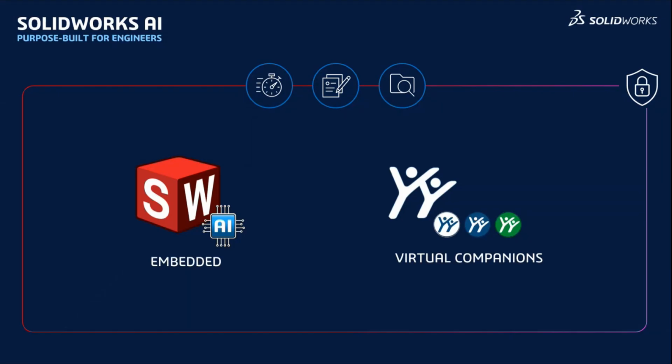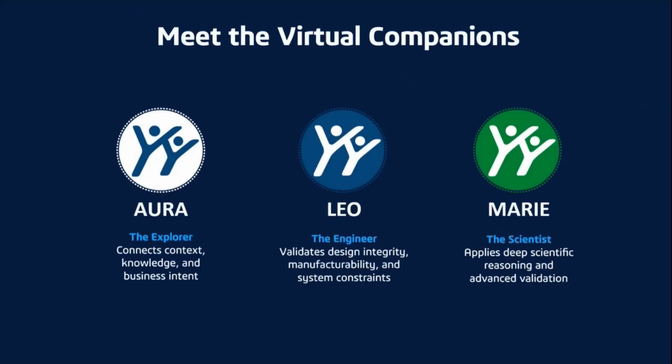Now let me introduce the virtual companions which we have. We have Aura, Leo, and Mary. First one, Aura. Aura connects you to knowledge. It will understand your company's design history and know-how, helping you find insights, reuse what you have worked on, and make better decisions. And second, Leo is there.